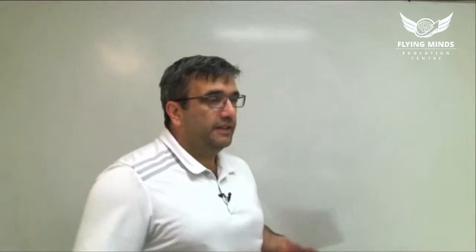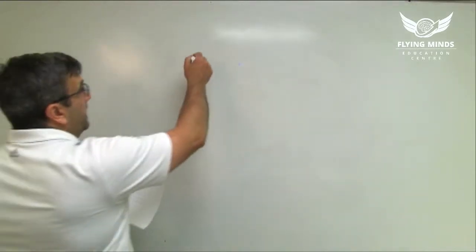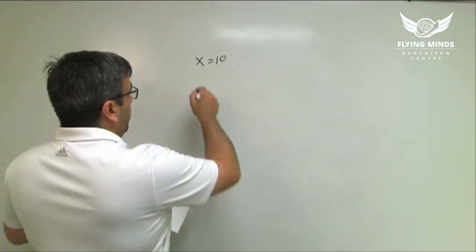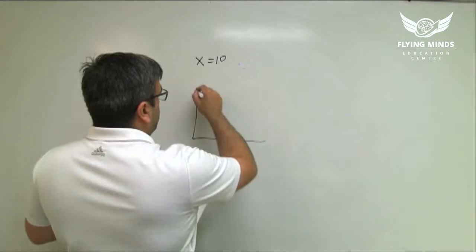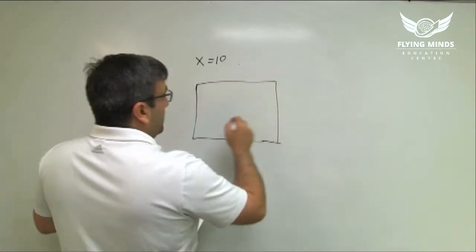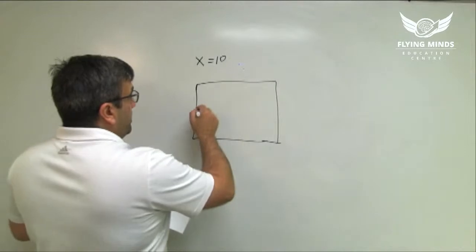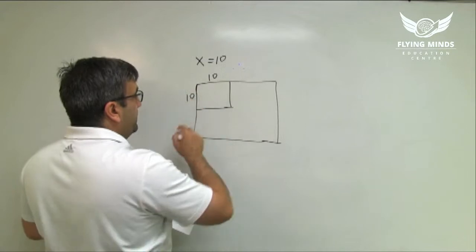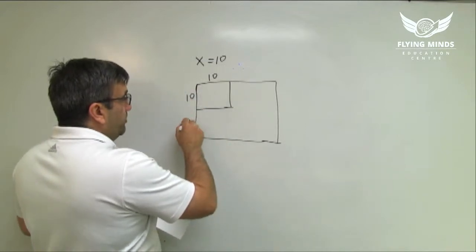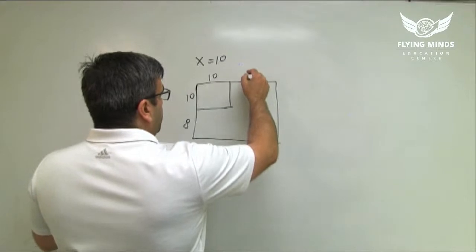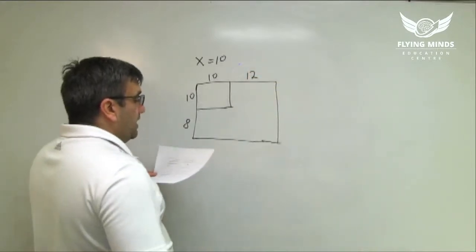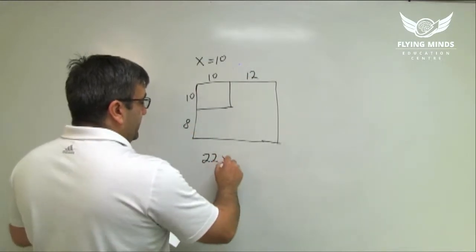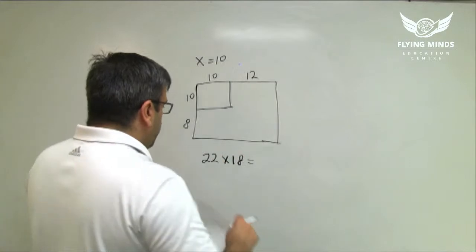If x equals 10, so this is 10 by 10, then we increase one side by 8 and the other side by 12. So the new dimensions will be 22 by 18, and we multiply.